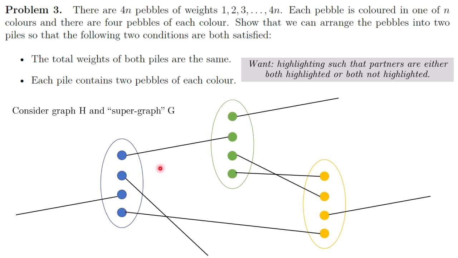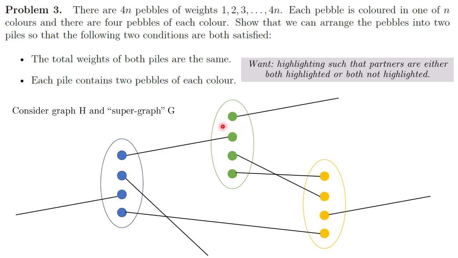And yes, this is a multigraph, meaning that, for example, from this super vertex to this super vertex, there will be 2 edges between them. And also loops will be allowed. If a pebble is partnered with a pebble of the same color, then the edge will collapse into a loop from the super vertex to itself.